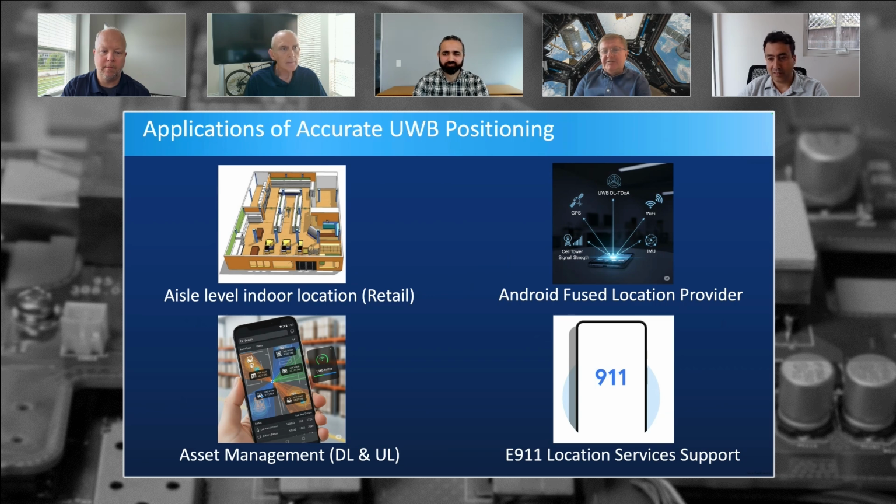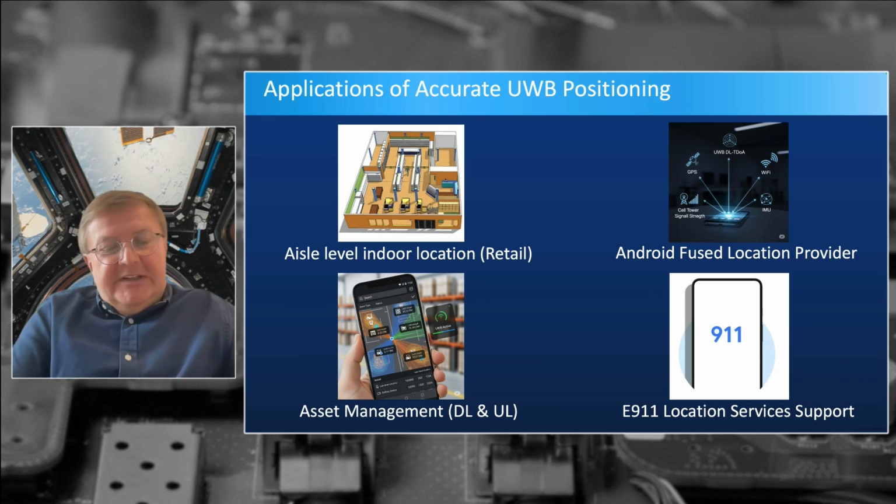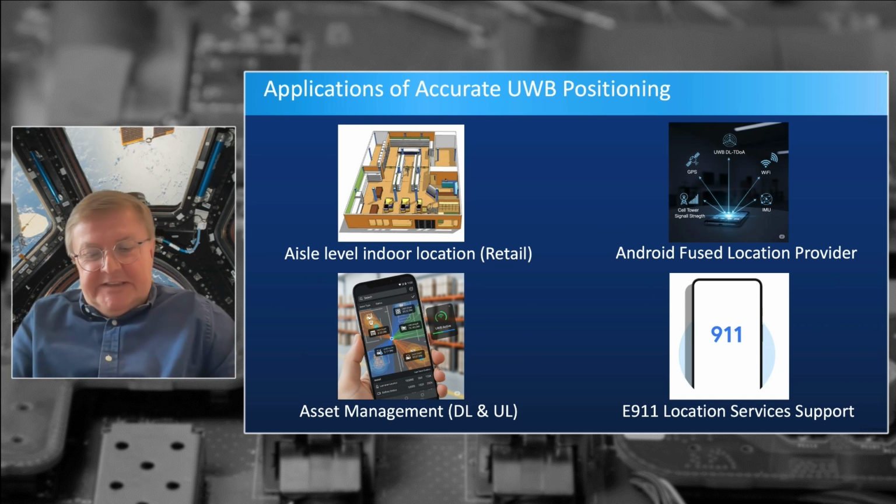Okay, I also just wanted to tie in asset management with indoor location, aisle-level positioning. So the other big issue, or contention point, when folks are managing assets in stores is that in a big store, there's usually no warehouse concept.